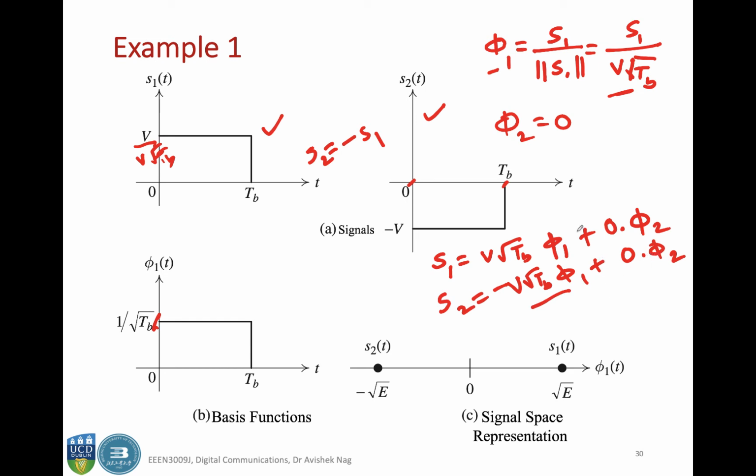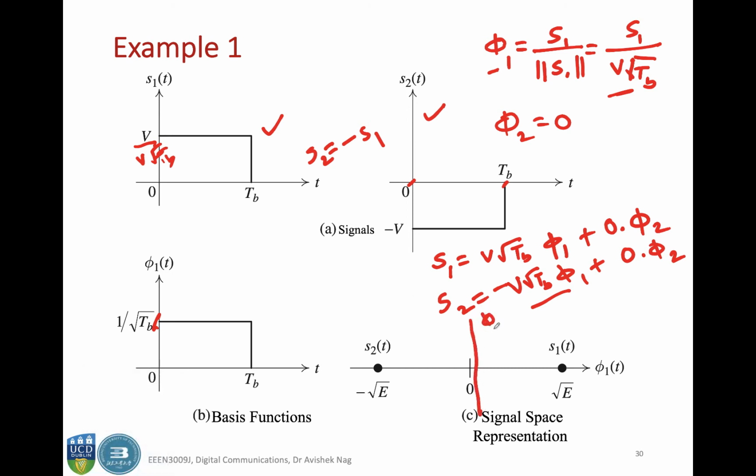So you can still have a two-dimensional signal space, like this.